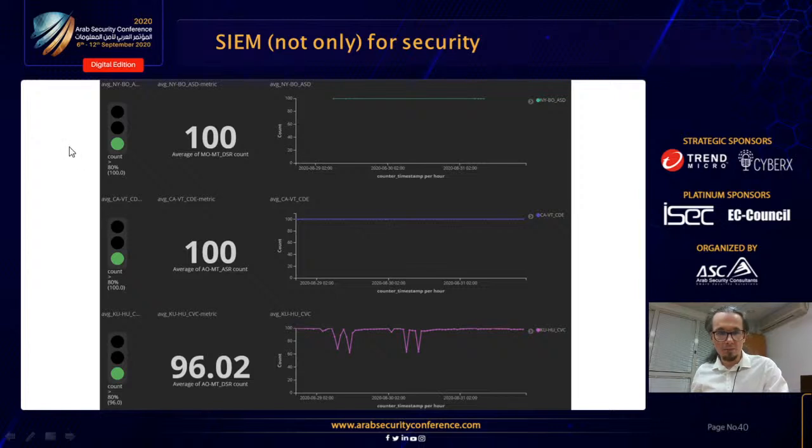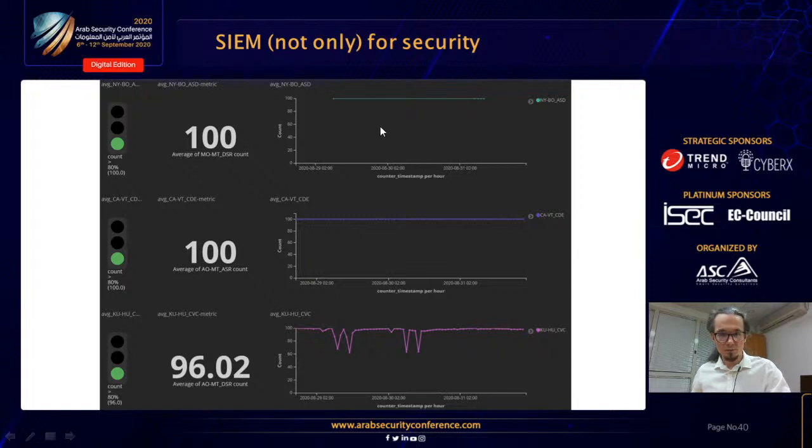So here we have 3 rows, and each row points to a different KPI. In the first row we have the NYBOASD KPI with 3 aspects of visualization: the traffic light, the summary metric visualization, and the chart against the timeline.